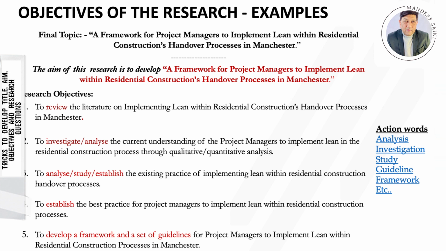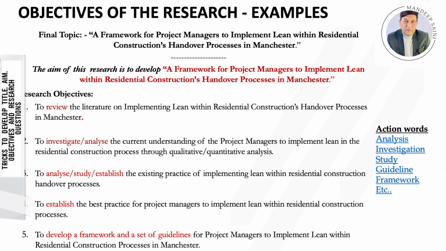So what you are doing here, you are breaking down your aim, and you are just putting "to". Make sure all the objectives start with "to": to review, to investigate, to analyze, to establish, and finally your final product. That should be the final objective. Your first objective always needs to be the literature review.